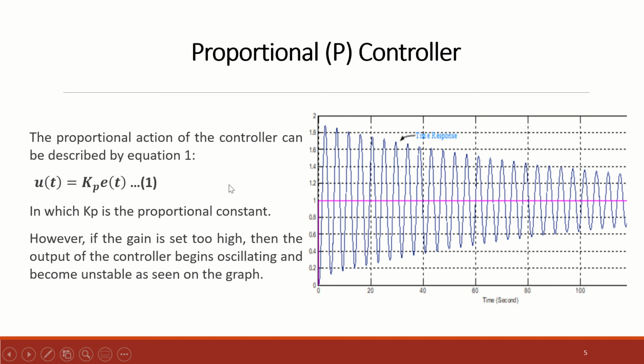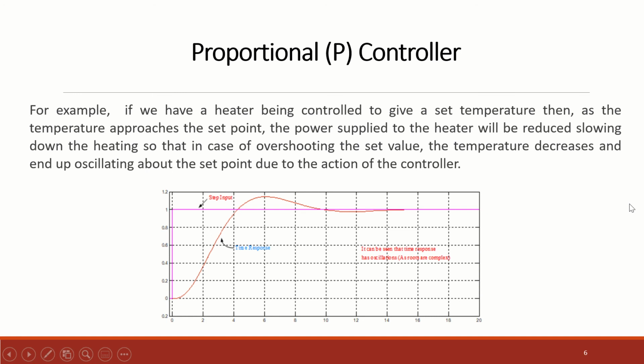This proportional action of the controller can be described by equation number 1, in which Kp is a proportional constant, also called gain. However, if this gain value is set too high, then the output of the controller begins oscillating and becomes unstable, as seen in the graph, in which oscillations persist throughout time due to the high value of the gain, thus making the system unstable.